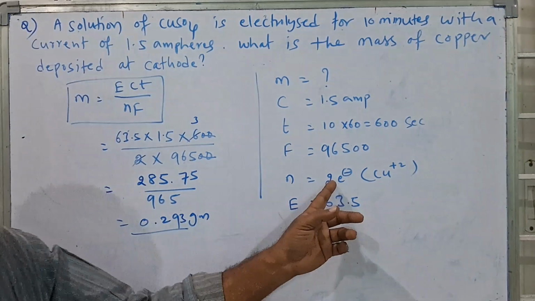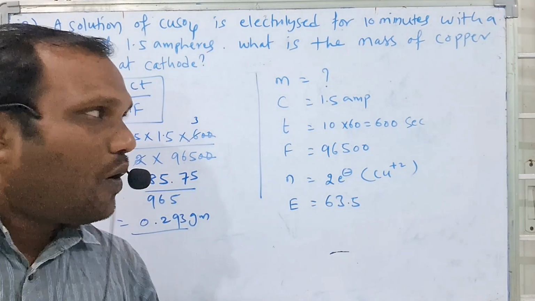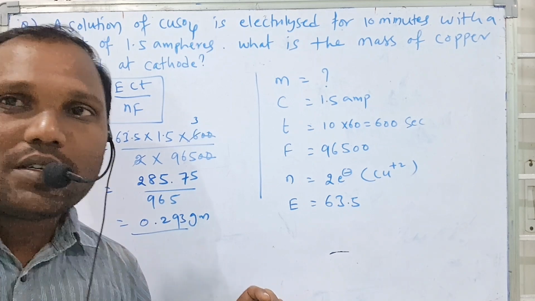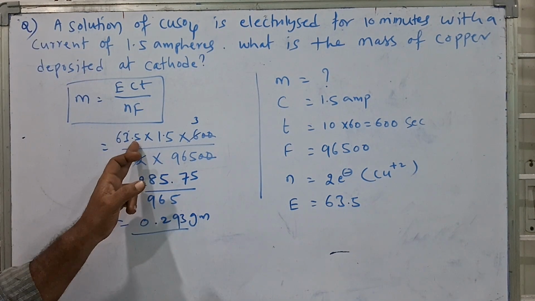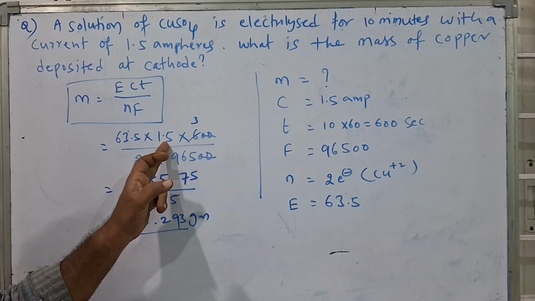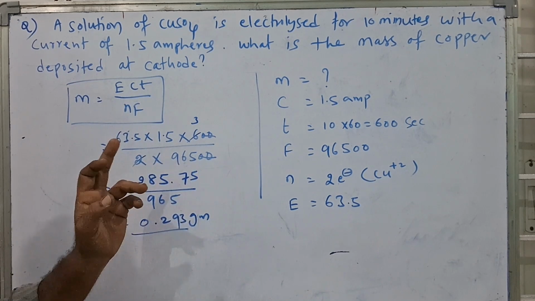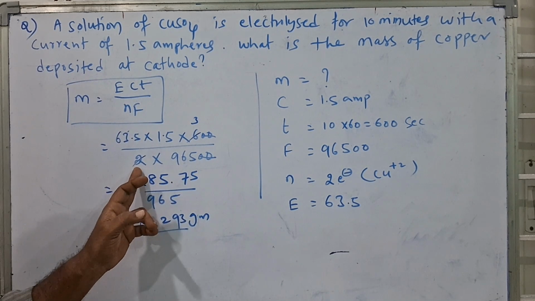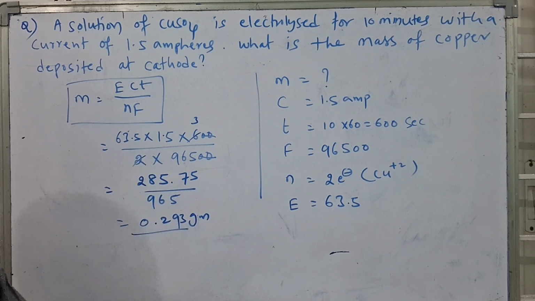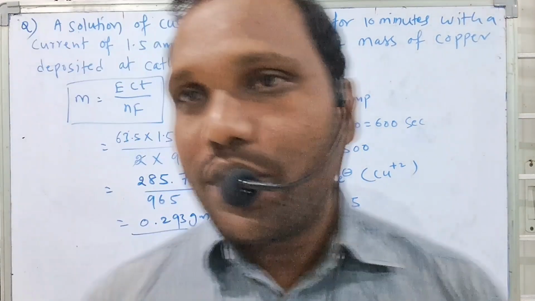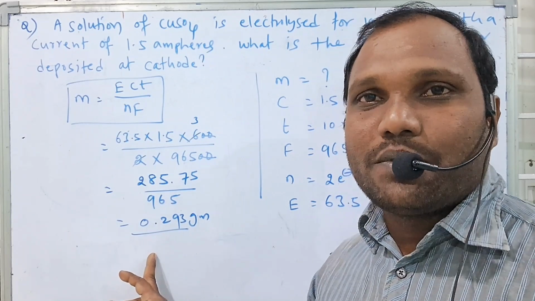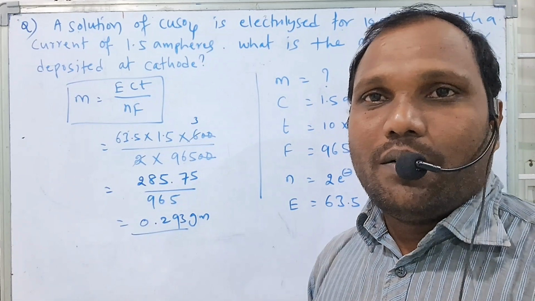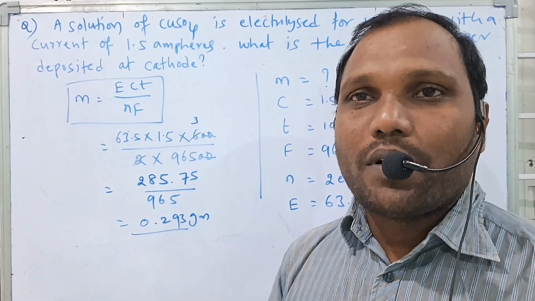That's why the charge is already given here. All the values are substituted. We get 63.5 into 1.5 into 600 divided by 2 into 96,500. After solving, we get 0.93 grams as the mass of the copper.